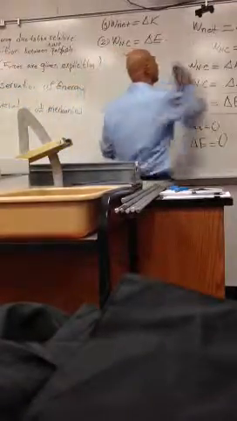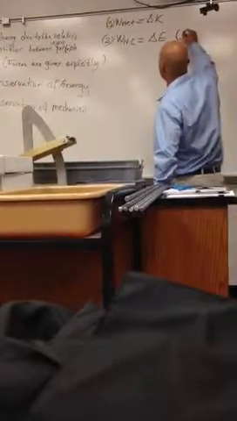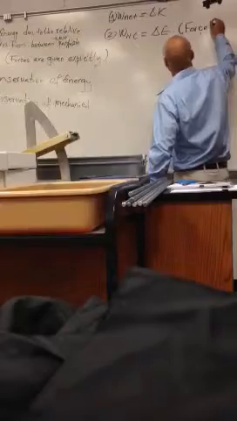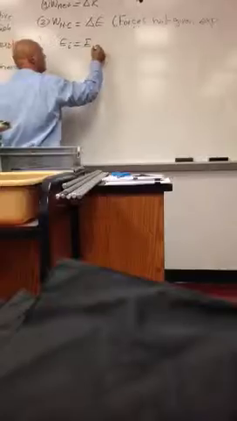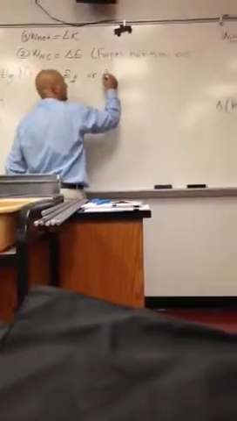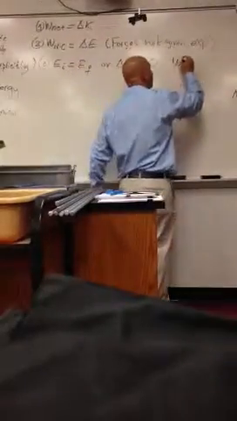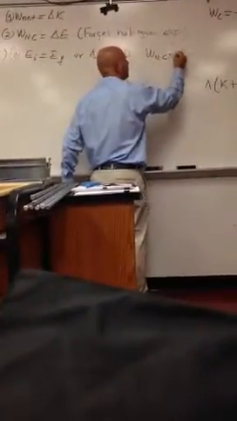When will we use it usually? When the forces not necessarily are given. And number 3, E initial equals E final, or delta E equals 0, when there is no non-conservative force.